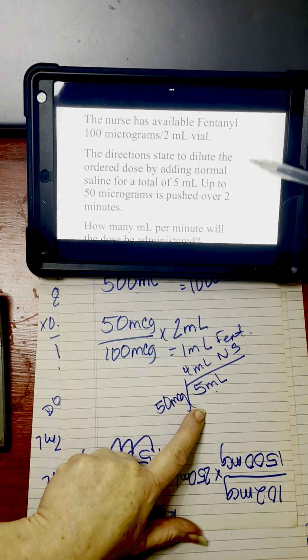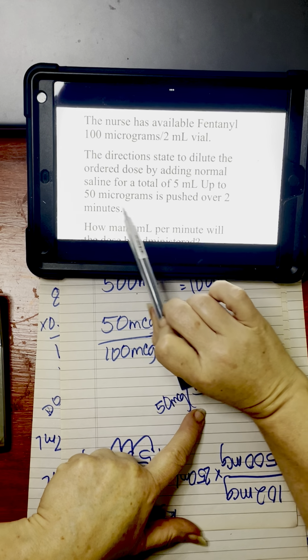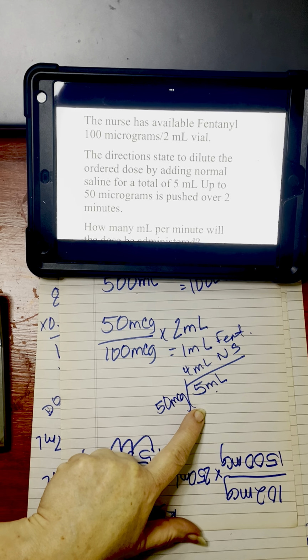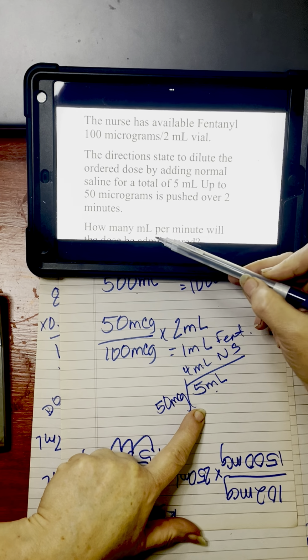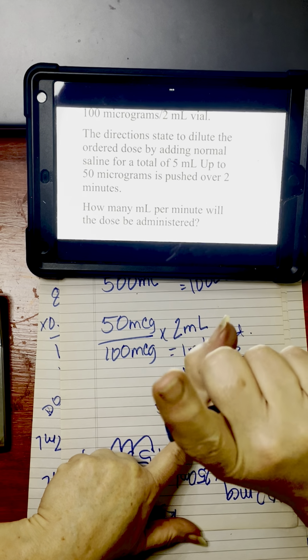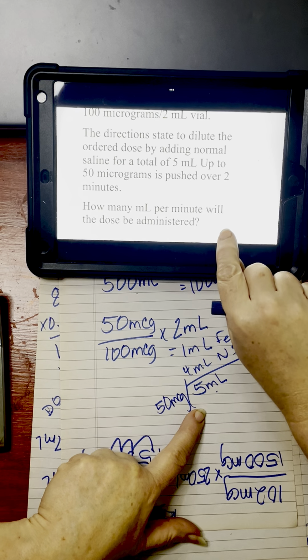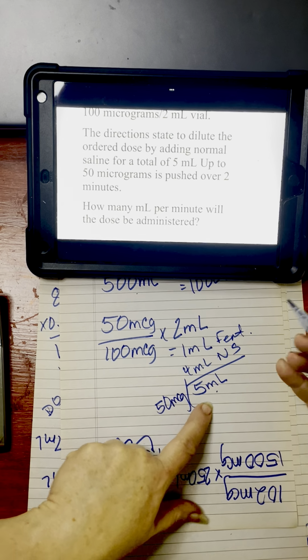And then the rule is up to 50 micrograms is pushed over 2 minutes. And they want to know how many milliliters would you push for 1 minute. How many milliliters per minute will the nurse need to administer?